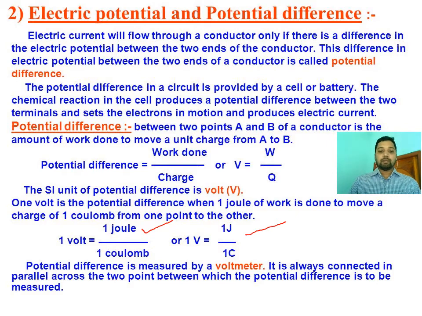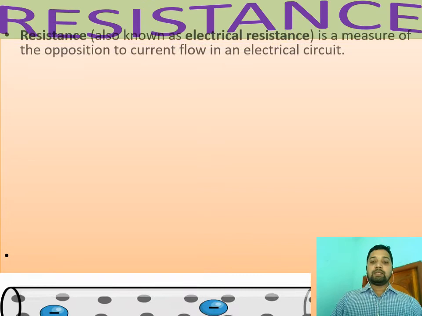The potential difference can be measured using an instrument called a voltmeter, which is always connected in parallel in the circuit. This is potential difference. One more term we get in the electric circuit is resistance.